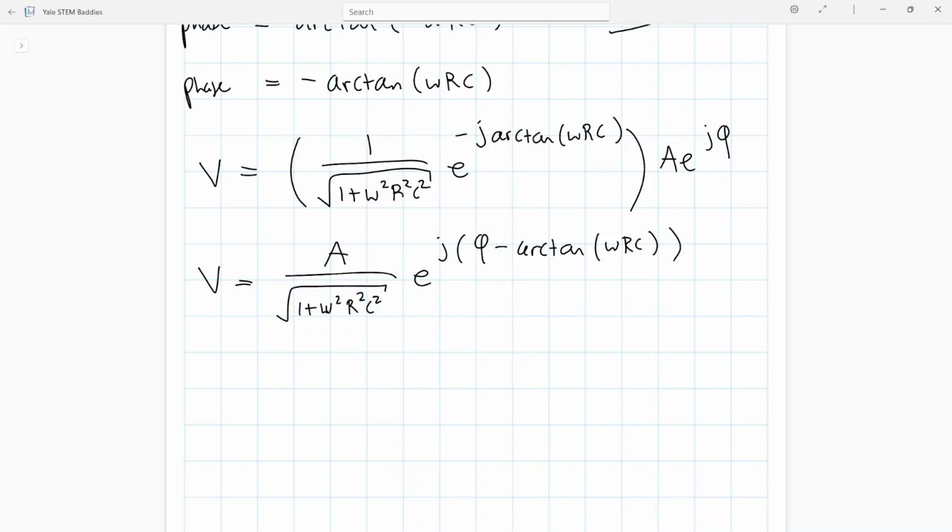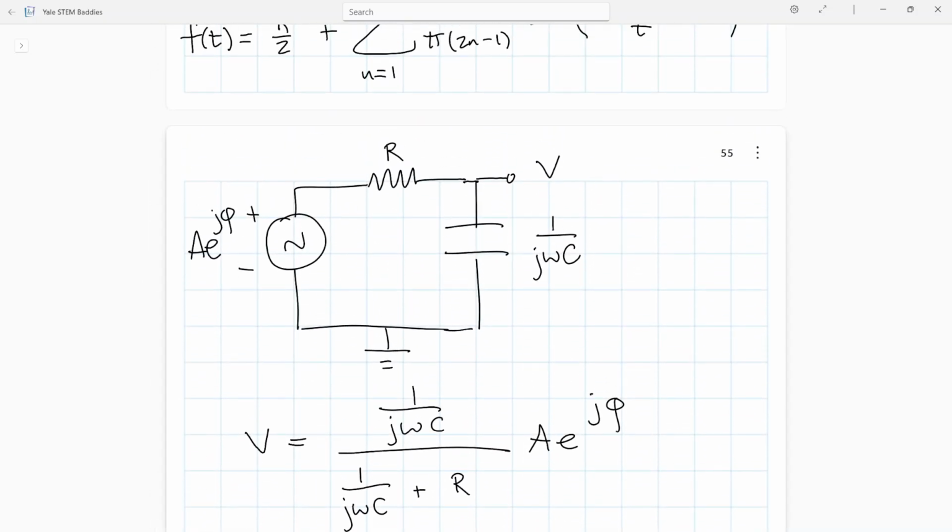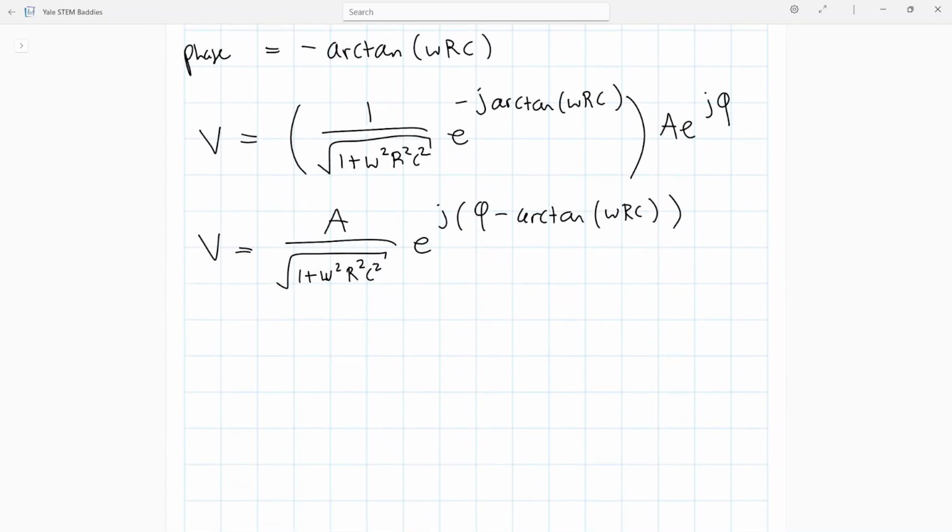So it divides it by this factor in the denominator here. And then it also gives it a phase offset of negative arctangent of omega RC. So this is how this filter transforms signals. We've just found out exactly how it transforms signals, with our analysis.